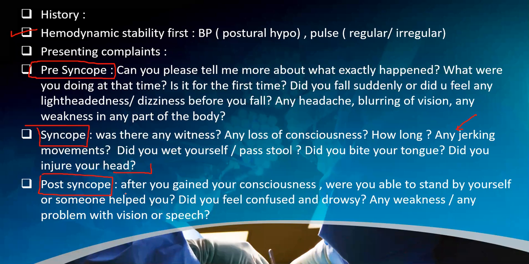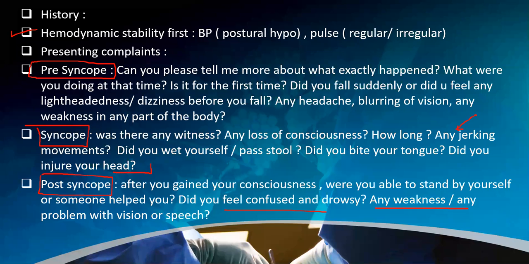If it's epilepsy, then the patient will be confused and drowsy for at least more than half an hour after regaining consciousness. So very important to ask, did you feel confused or drowsy after that? Or were you able to stand by yourself or did you need someone's help? This one is for TIA or stroke. So any weakness, any problem with your vision or speech.